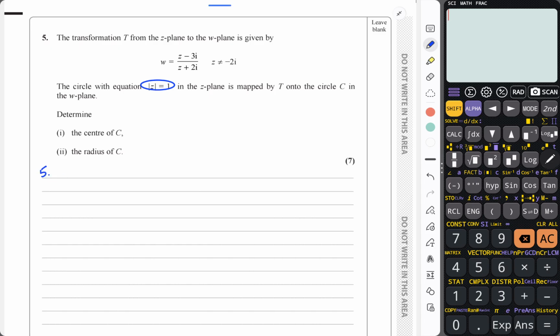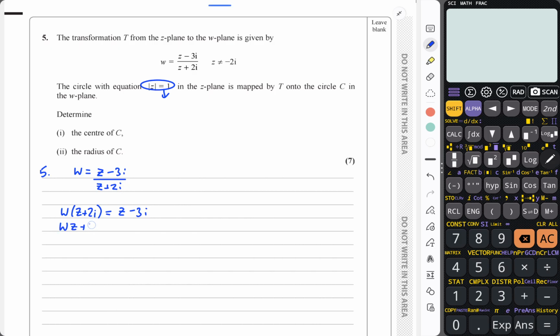So to get started, we're going to have to rearrange our equation to get z in terms of w, and then we can use what we know about z here to work out what the circle is going to look like in the w plane. So let's multiply by the denominator, so w times (z plus 2i) is equal to z minus 3i.